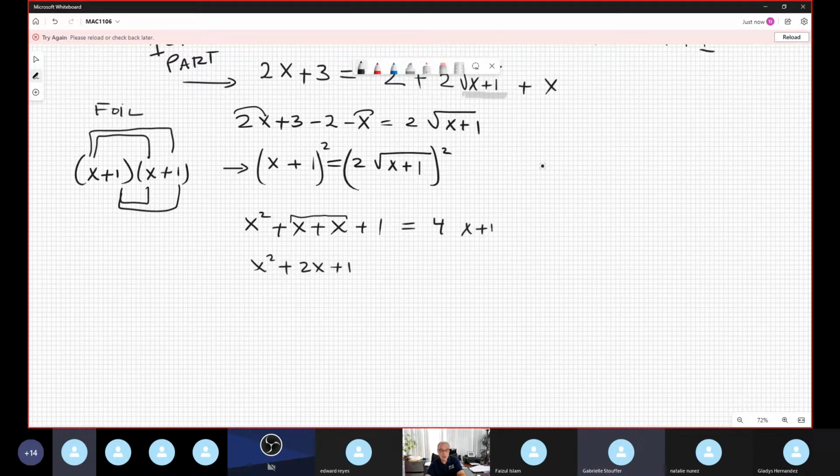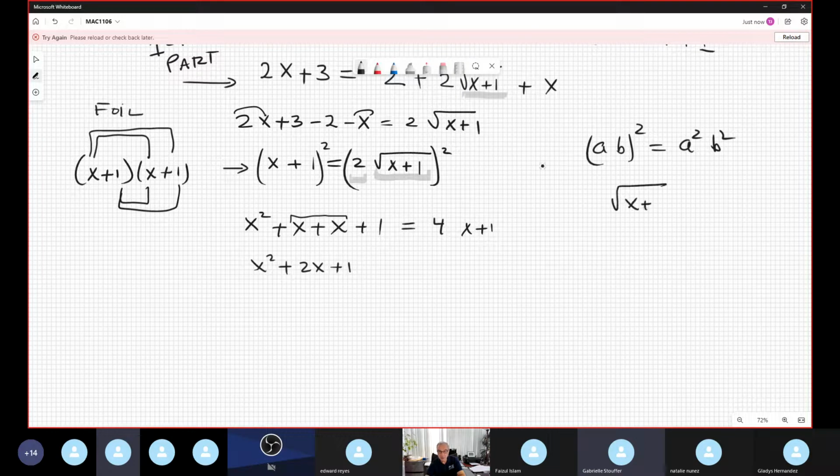Because you consider this like one guy, and this is another guy. Suppose, hypothetically, (AB) squared is A squared times B squared. So A is 2, squared is 4, and B squared is the square root of x plus 1 squared, which is x plus 1, because the radical and the power cancel out each other.